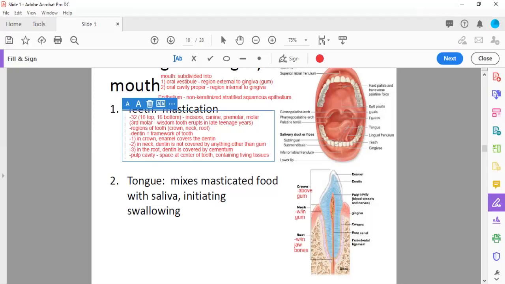Okay. Now, what happens when you have a root canal procedure done is because of the abscess. Let's go back to the beginning of this.